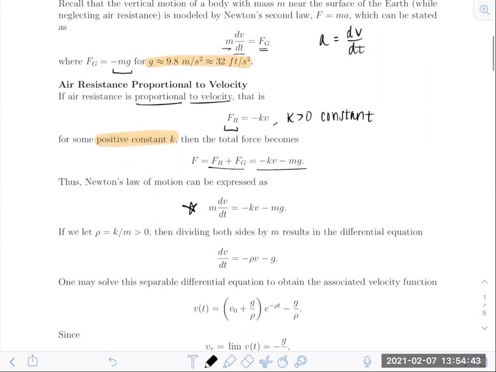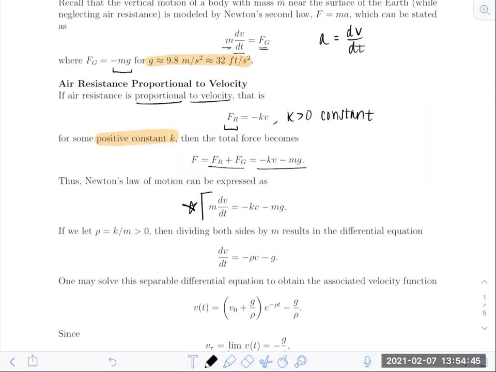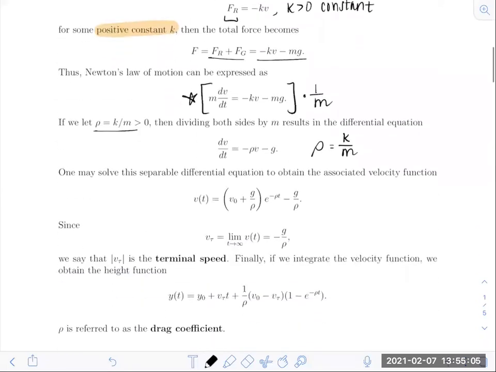And we can divide both sides through by m. And so then that solves for dv/dt by itself. You'll notice here that we have this rho, which is just going to be k over m, stated right here. And so we're letting rho just denote that quotient.